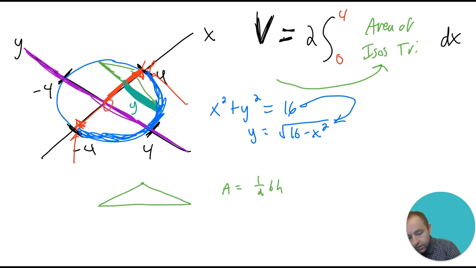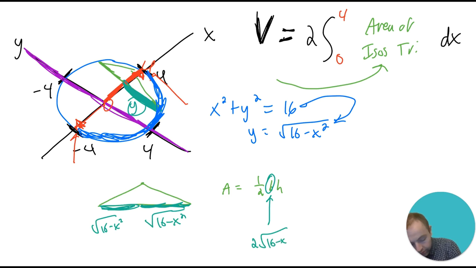So since that's the y value, it's going to be square root of 16 minus x squared long. Then to get the full base, you just need to double that. So the base of the isosceles triangle cross-section is 2 square root of 16 minus x squared long.